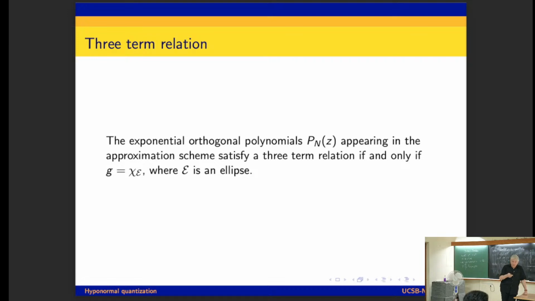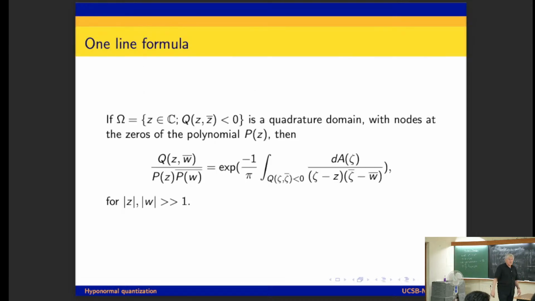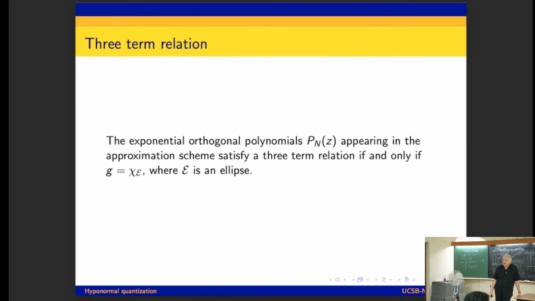What happens with the orthogonal polynomials appearing in this scheme? These are the analogs of orthogonal polynomials, the polynomial vanishing at the finite central truncation. They satisfy a three-term relation if and only if the domain is an ellipse. So quite interesting.